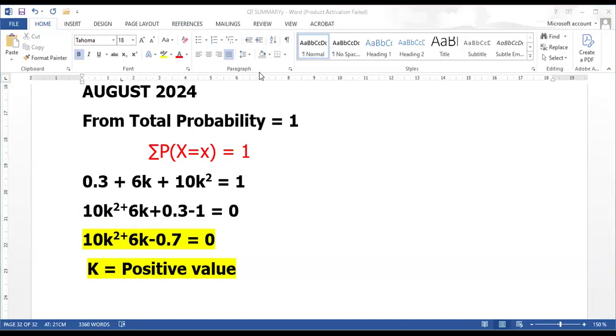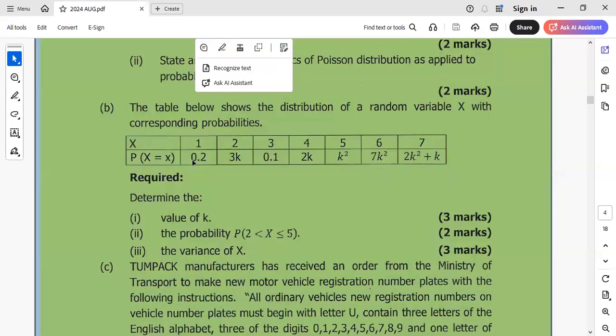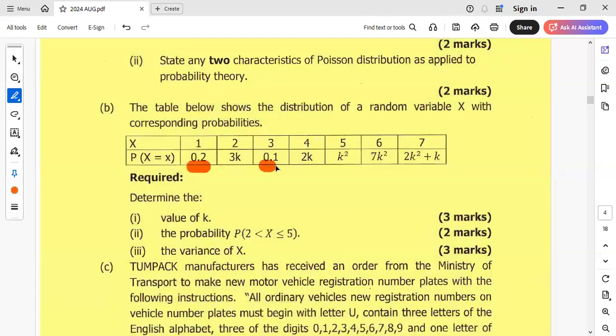You see, we started with this one. First, write 0.2 plus 3k plus 0.1 plus 2k plus k squared plus k plus 7k squared plus 2k squared plus k. Then you equate it to 1. After that, collect like terms. Collecting like terms means you first deal with values that don't have k. So you have this plus this, because those are the only values without k.